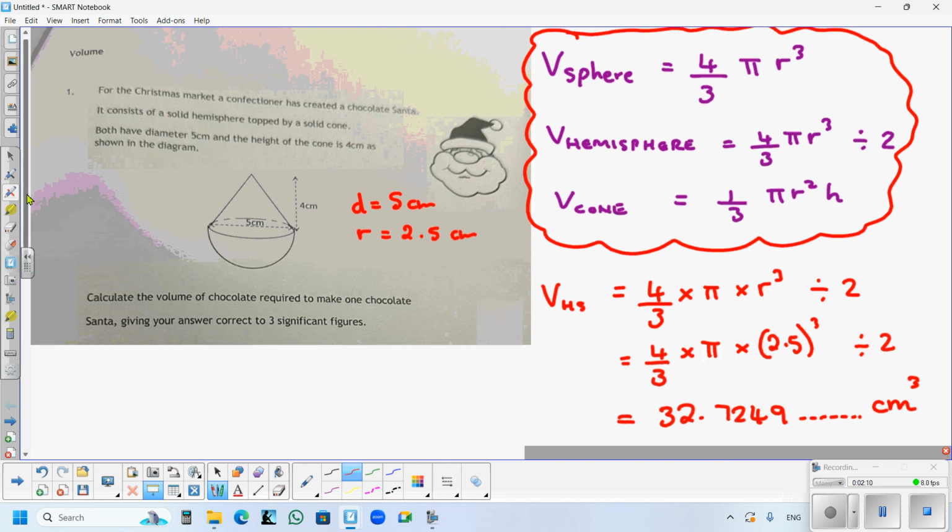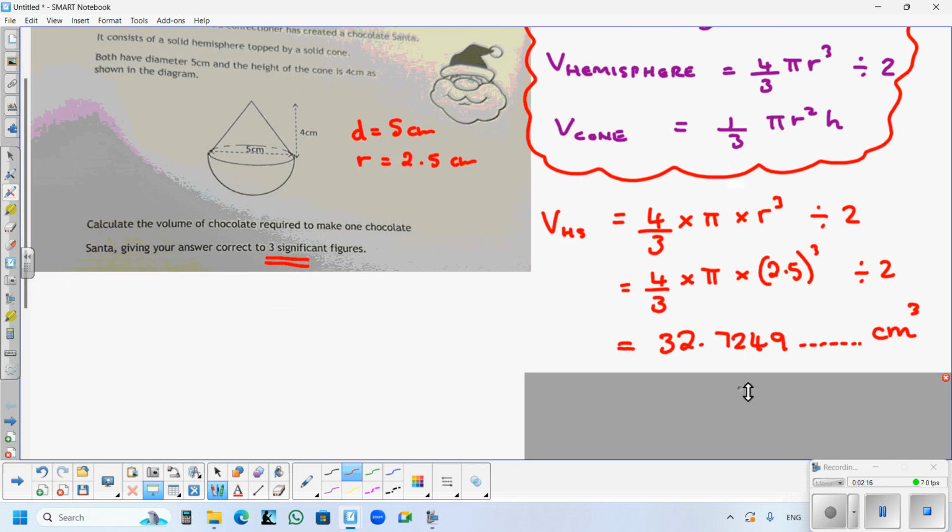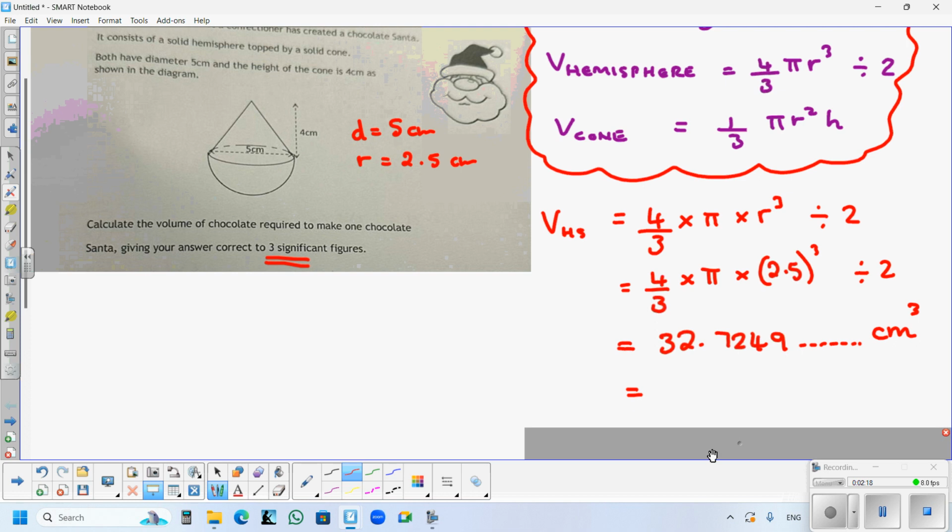Now, you are asked to write your answer to 3 significant figures, so 1 full mark in this question will be for rounding. So 3 significant figures just means that we start at the biggest number and we underline 3 of them. So basically, I want to round it to there. So I'm chopping off a wee 2, don't need to worry about it. So to 3 significant figures, the volume is 32.7 and volume is measured in centimetres cubed. So that's the first part of it done.